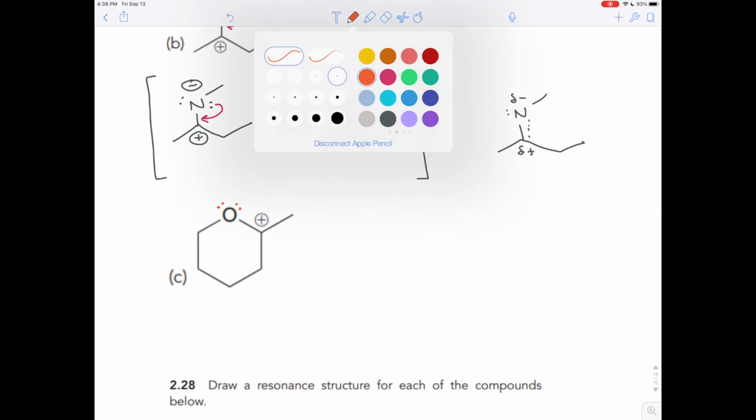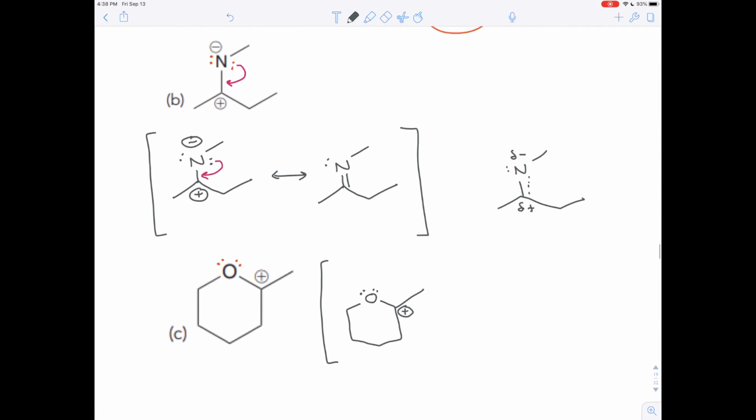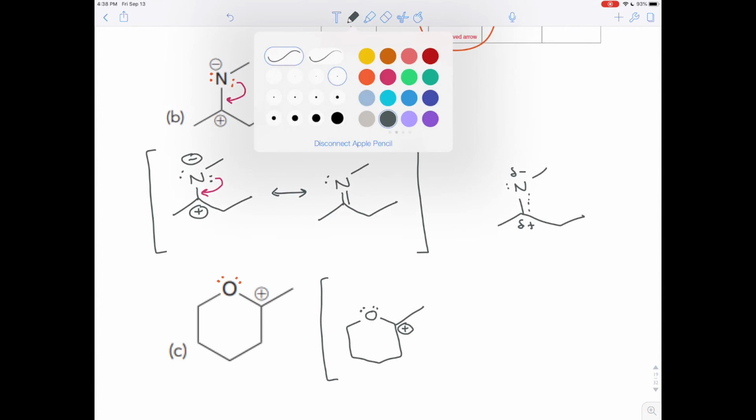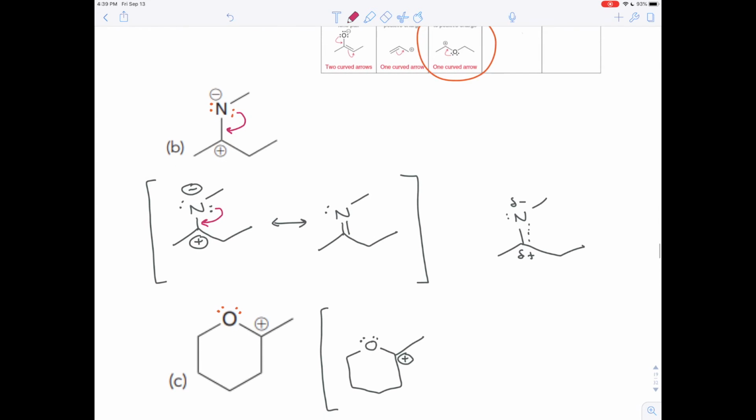So we draw those brackets that warn everybody, watch out. The molecules we're drawing are not real molecules. The average of them is the real molecule. And notice the curved arrow pattern for this third one is that the lone pairs go to form a bond toward the positive charge.